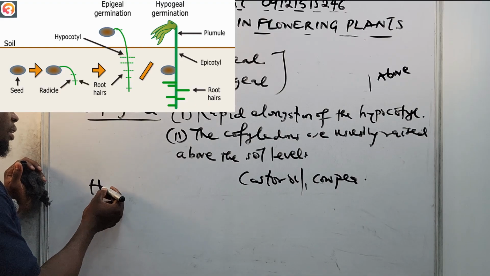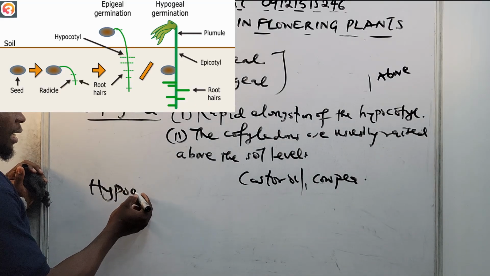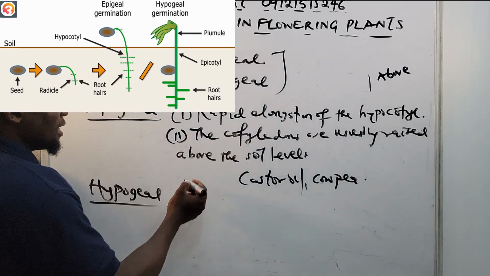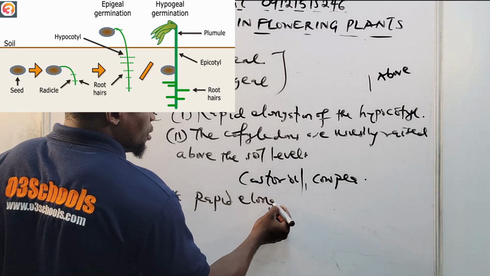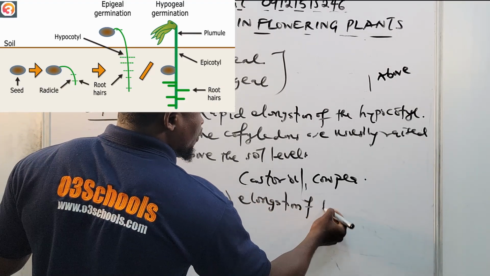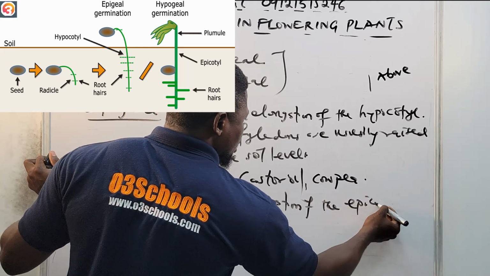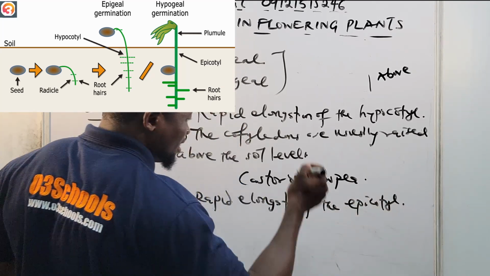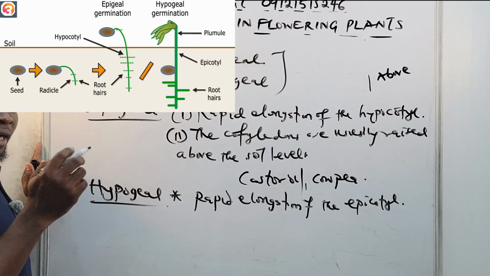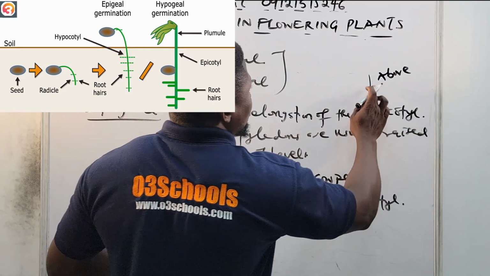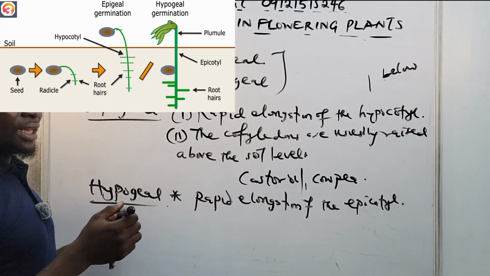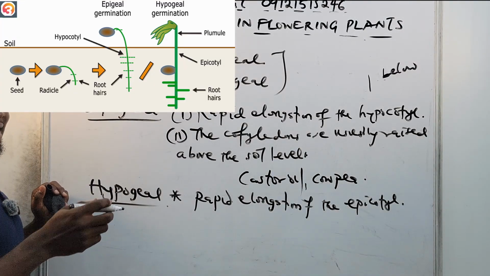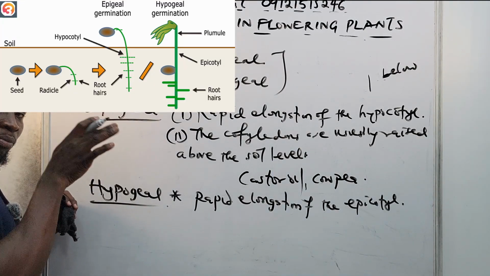Now for hypogeal germination, this one is characterized by rapid elongation of the epicotyl. The part of the axis that is below the cotyledon is the hypocotyl.